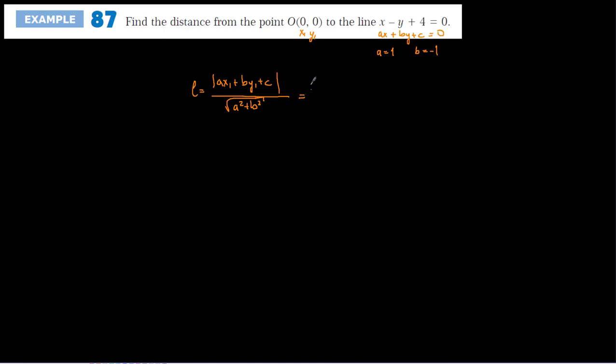Then this is equal to ax1 plus by1 plus c. Let's give the values: a is 1 times 0, plus minus 1 times y1, that's also 0, plus c, which is 4, all over the square root of 1 squared plus (minus 1) squared. That's 1 times 0 which is 0, minus 1 times 0 is 0, so 0 minus 0 plus 4 all over the square root of 1 plus 1.